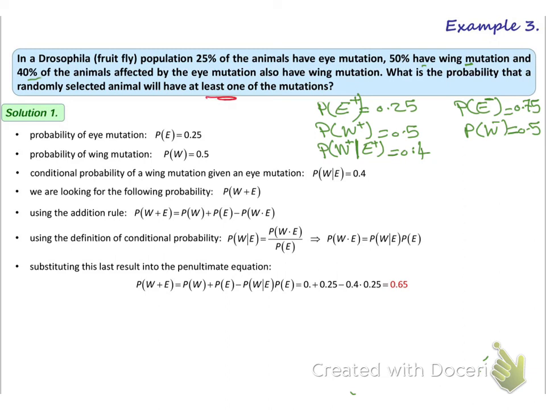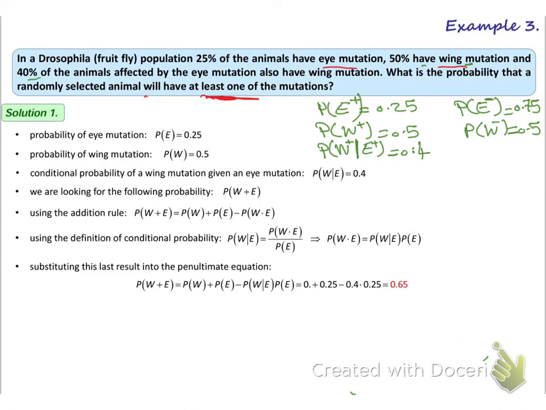So here, what is the probability that a randomly selected animal has at least one mutation? In this problem itself, I have two mutations: I have E mutation and I have W mutation. So he should say that they have either E mutation or W mutation or both, which is the intersection, but at least they should have one.